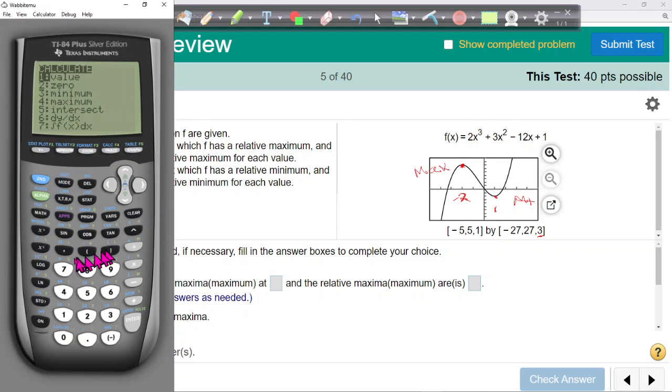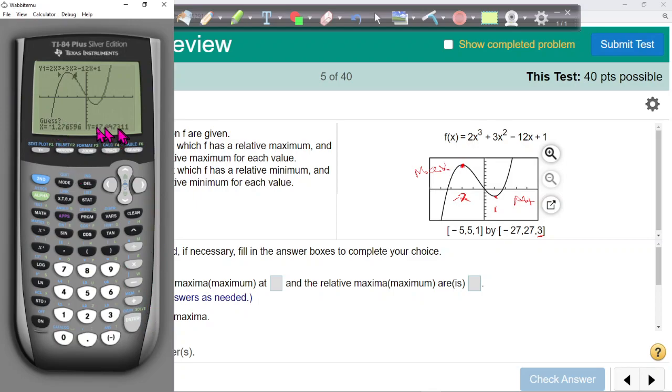I'll do that first. It's under the calc tool, second calc. We're going to find the maximum, number 4. To do that, it asks for a left bound, so we walk our little spider back over the mountain to the other side. I just need to be to the left of the maximum. Then I go to the right bound, so I just keep walking. We don't have our answer until it says it's a maximum.